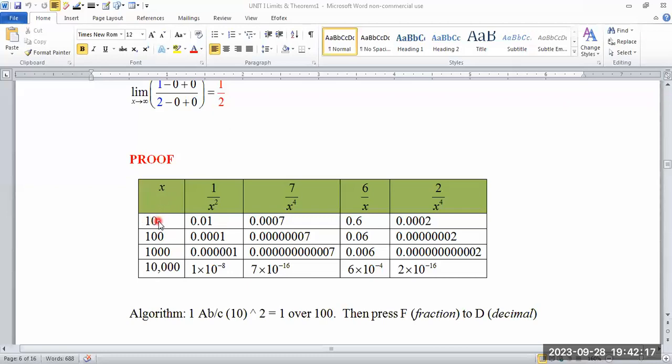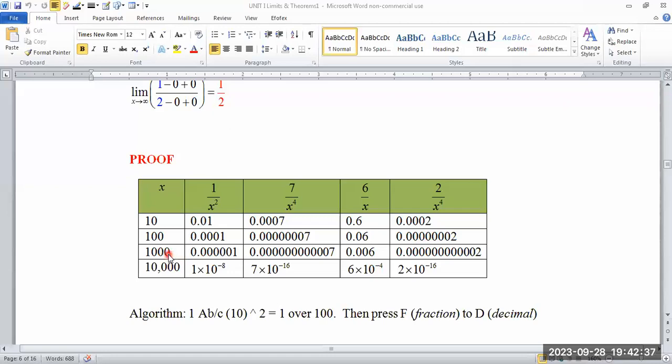You notice x is 10 here, and this one moves to 0.01, 0.007, 0.6, 0.002. When x is 100, getting infinitely larger, it is 0.0001. And with more zeros here, 0.6, 0, enough zeros and a 2.